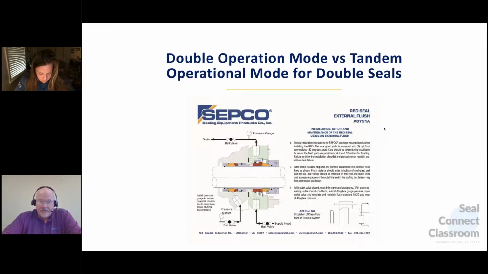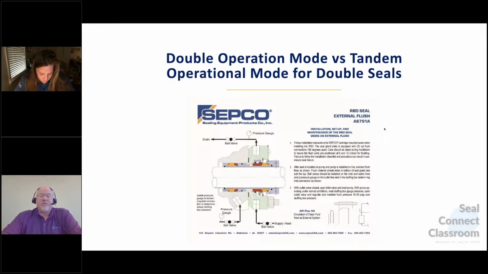The only difference between those two modes of operation is the pressure that you put between the two seals. You understand, you got two seals that are back to back, and you're injecting your barrier fluid or your flushing fluid in between the two seals. And the only difference is the pressures that you inject between the two seals. It's very important you understand this concept moving forward.